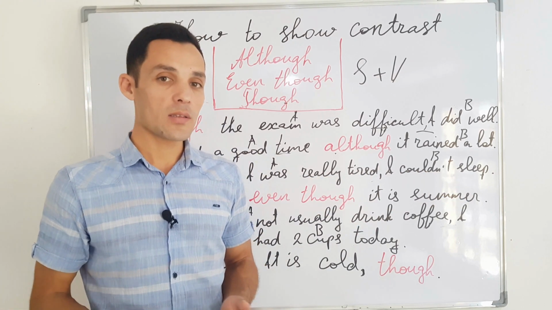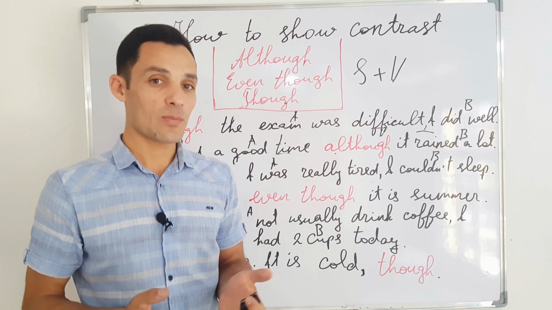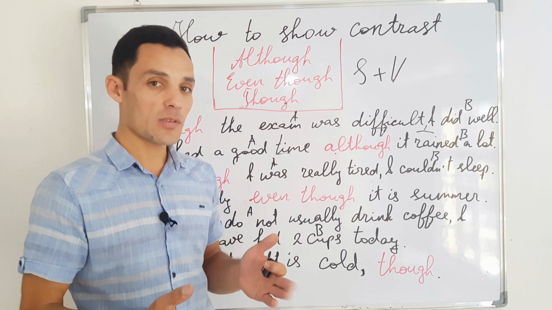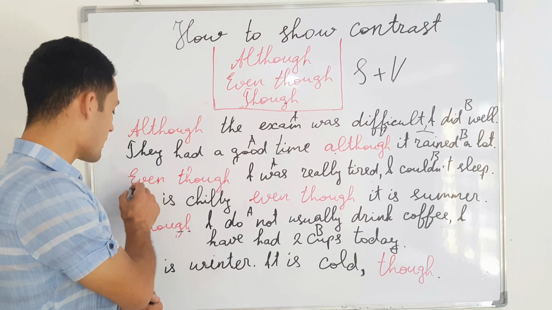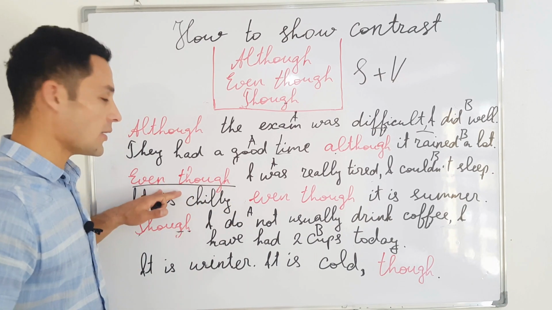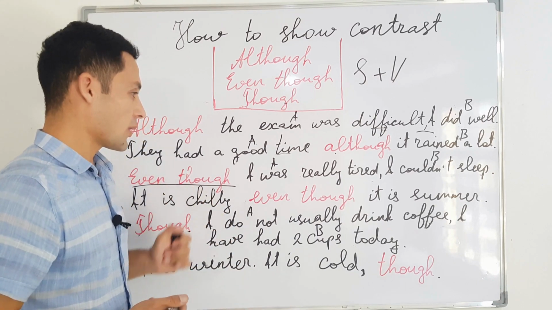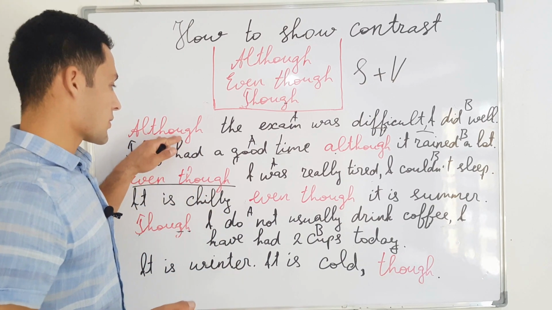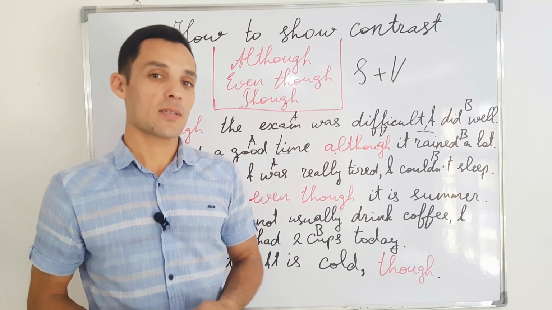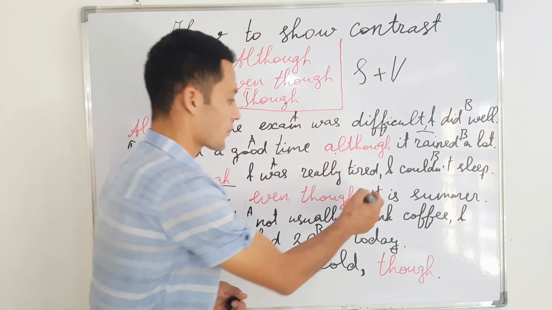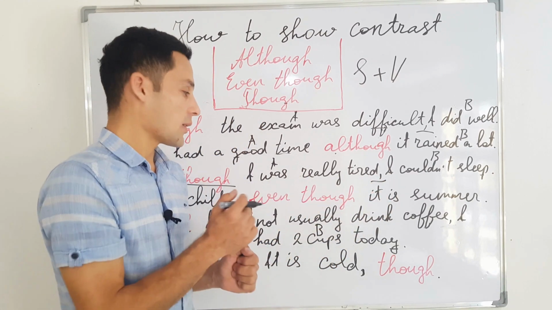Normally, when you are tired, you fall asleep easily, but in my case, I couldn't sleep. And I'm showing these opposing ideas with even though. You see, if it's used in the first position, we use a comma in the middle.